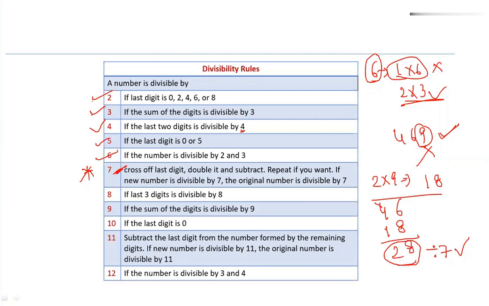So they told us to repeat it once again. Repeating it is useful if you have taken a 5-digit or 6-digit number, as you can't understand it at a time. While eliminating, a 5-digit number can become a 4-digit number. If you are not understanding whether that is divisible by 7 or not, you can repeat the process again if you want.